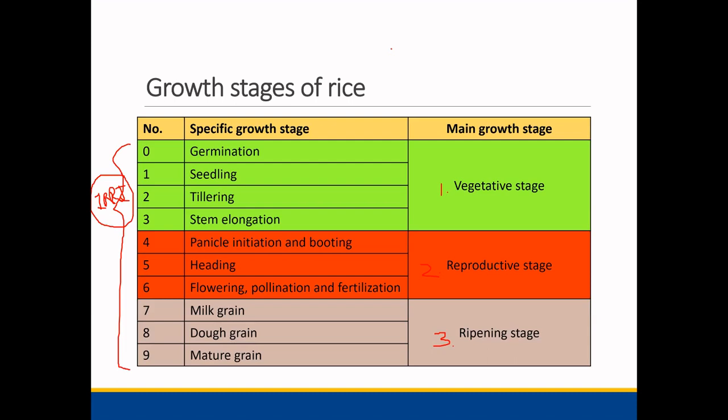But there's another growth stage notation system, called the BBCH scale, here I'm writing it. That was developed in Europe. They use a different scaling system to identify these different specific stages.